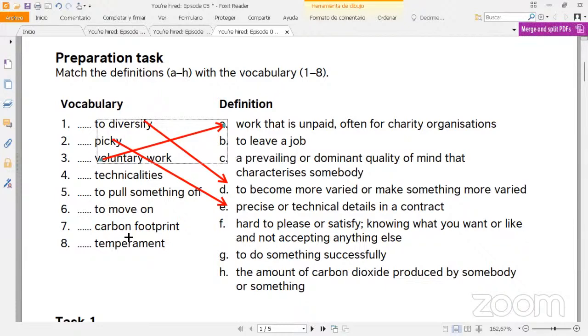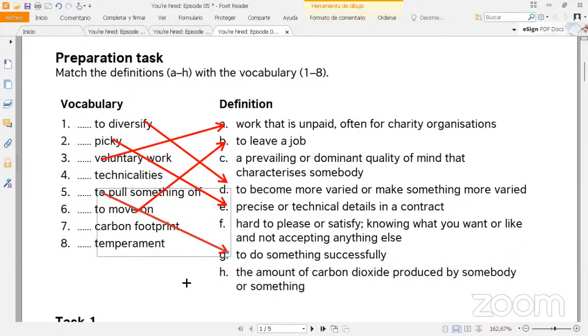I don't know. Okay, let's move on to the next one. To pull something off. B. To leave a job. No. To move on. To move on, okay. What about to pull something off? To do something successfully. Okay.